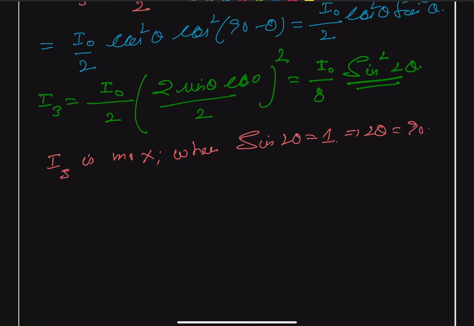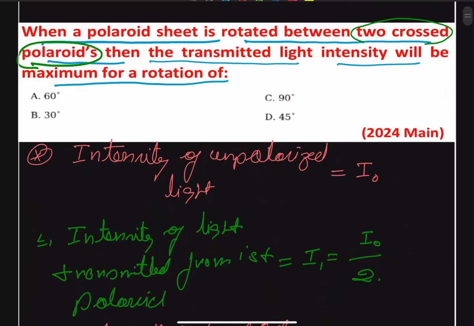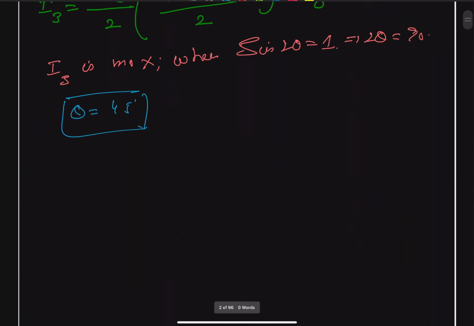So this gives us that our theta is equal to 45 degrees. So option number D is the correct one. Option D is correct.